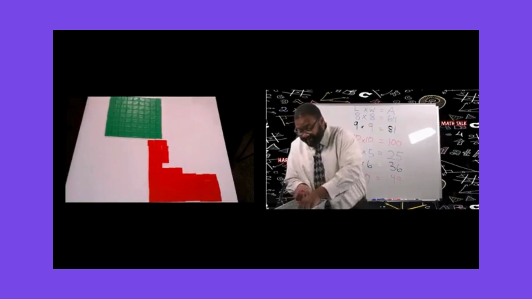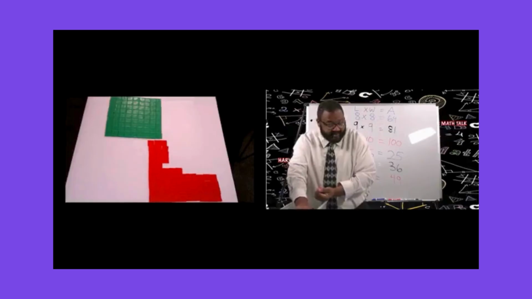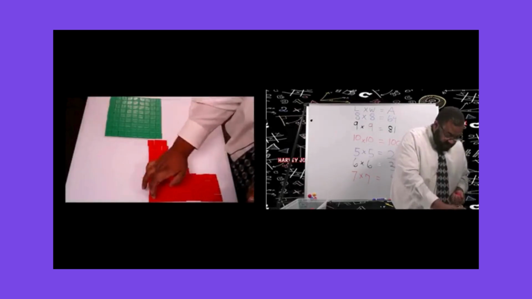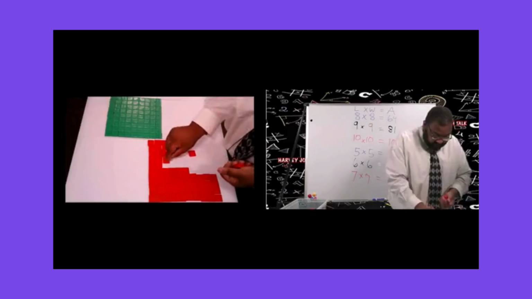And I'm excited because I actually had enough tiles to build all of these. I done got excited. My math specialist gave this to me at school before I left. It's a whole bucket of square tiles. I got real excited. 1, 2, 3, 4, 5, 6, 7, 8, 9, 10.